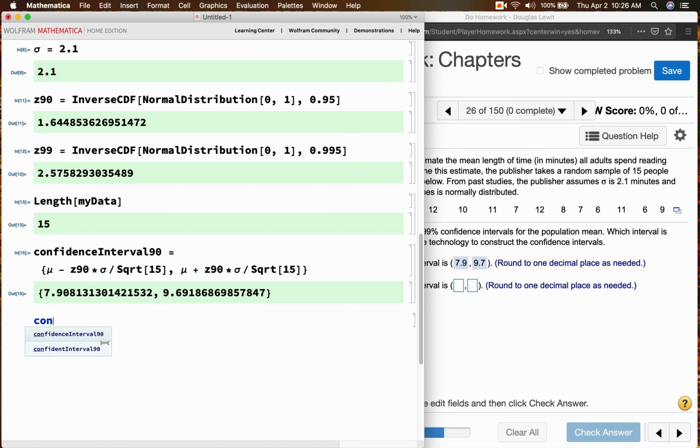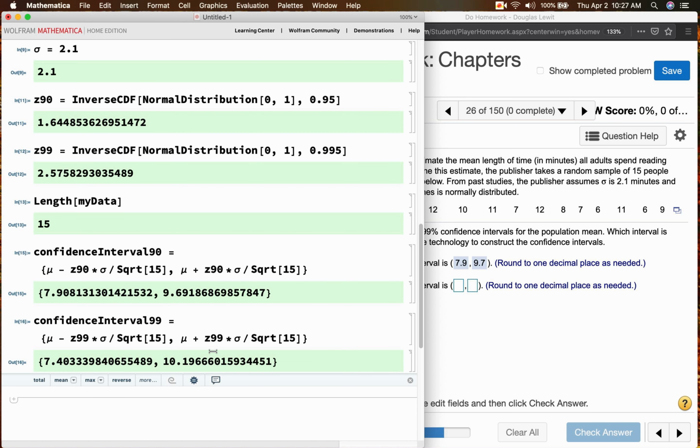Confidence interval 99 is equal to mu minus z99 times sigma divided by the square root of 15, mu plus z99 times sigma divided by the square root of 15. And I believe everything looks good.